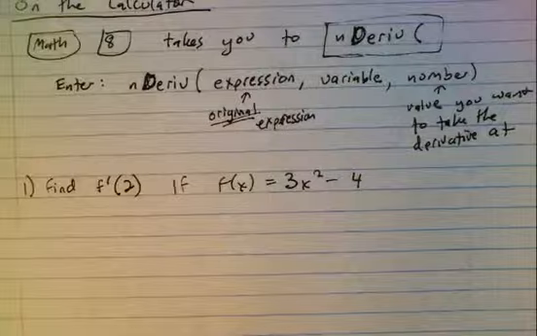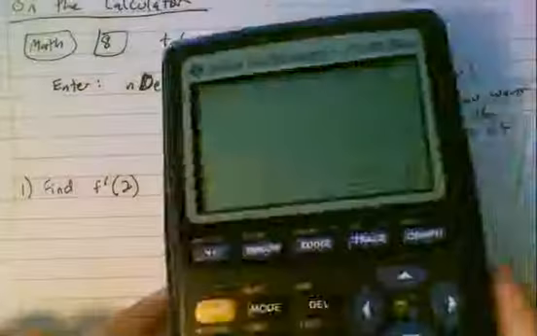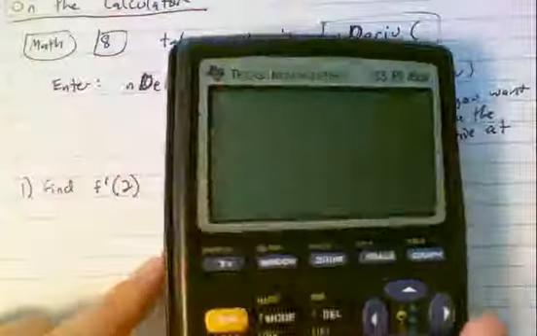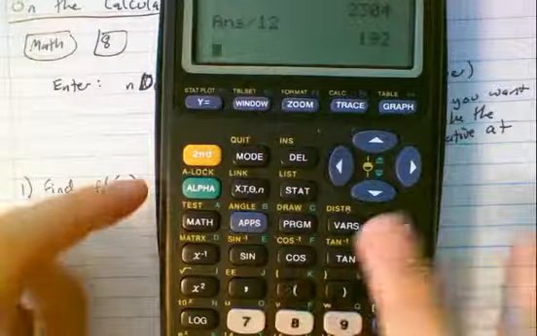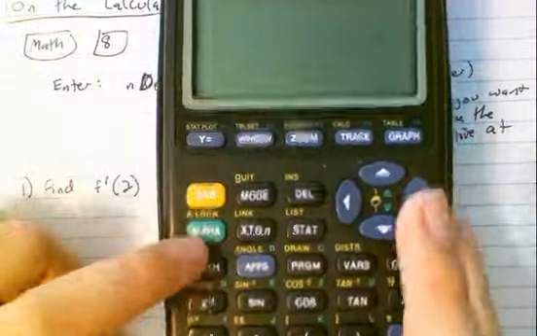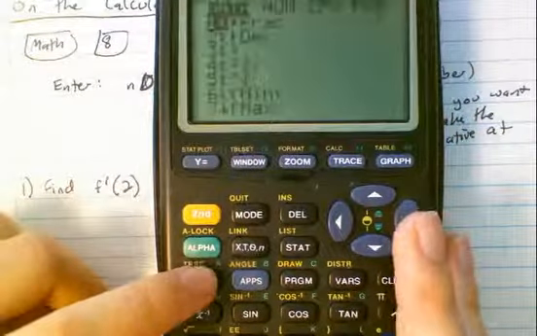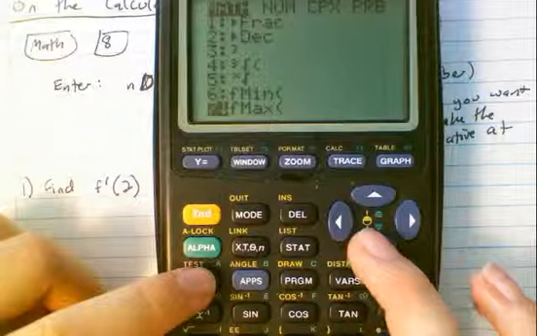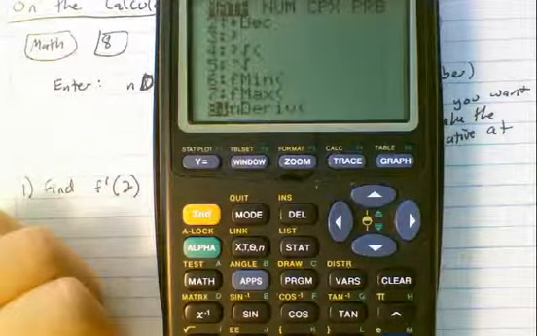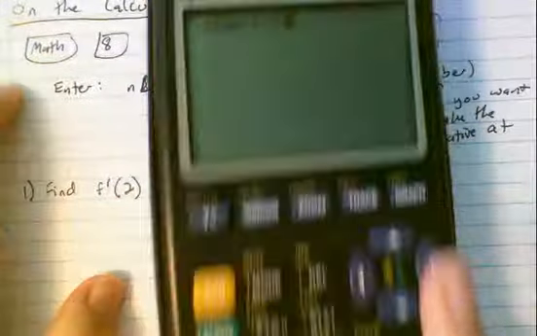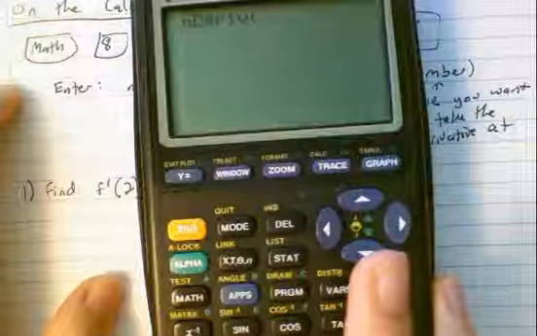So what I'm going to do is I'm going to get out my calculator. And I'm going to go to Math, and then arrow down, number 8 is the nDeriv. So the function that I want to put in is 3x squared minus 4.